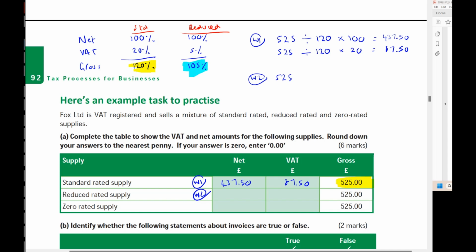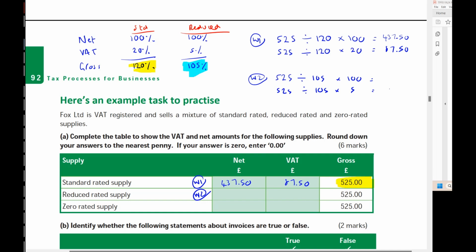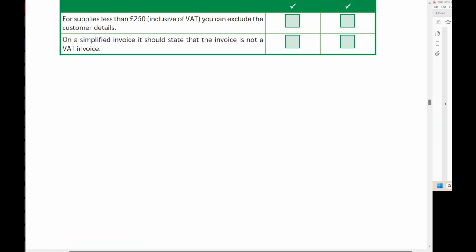So to find the value of 1%, this time I divide by 105, and then multiply by 100. And then I divide by 105, and to find the VAT, multiply by 5. £500.